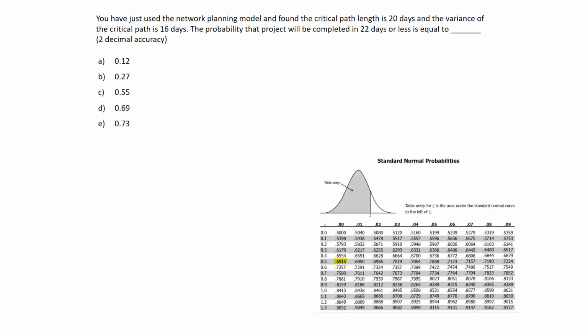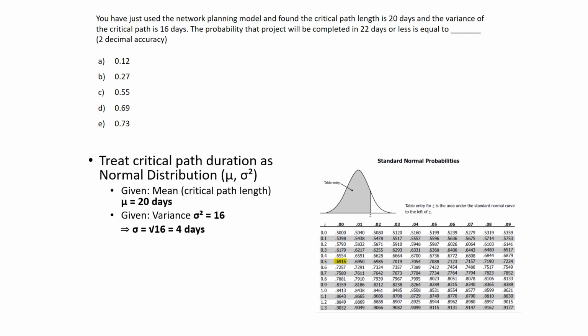So the third question here, we have the standard normal probabilities table, which is also called the Z table. Here it is given the mean, which is the average.